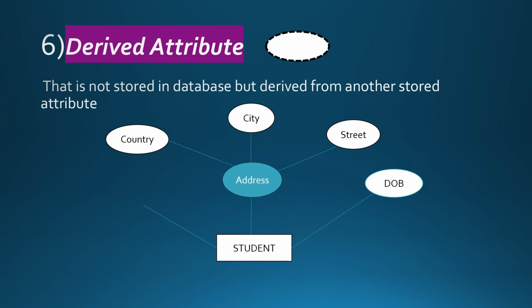Like here date of birth and address of students are stored attributes, but age is not a stored attribute. It can be calculated or derived from date of birth that is stored in the database. So when it is required, then age will be derived from date of birth. It is called a derived attribute.